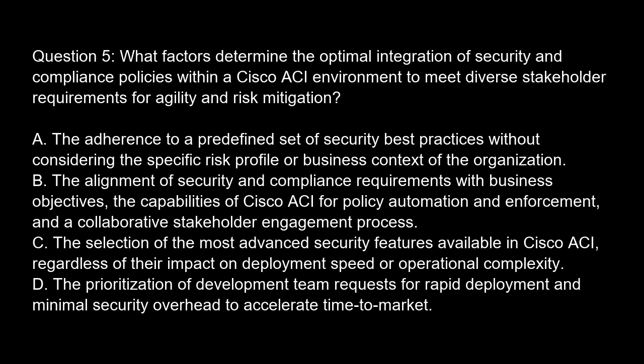Option B. The alignment of security and compliance requirements with business objectives, the capabilities of Cisco ACI for policy automation and enforcement, and a collaborative stakeholder engagement process. Option C. The selection of the most advanced security features available in Cisco ACI, regardless of their impact on deployment speed or operational complexity. Option D. The prioritization of development team requests for rapid deployment and minimal security overhead to accelerate time to market.